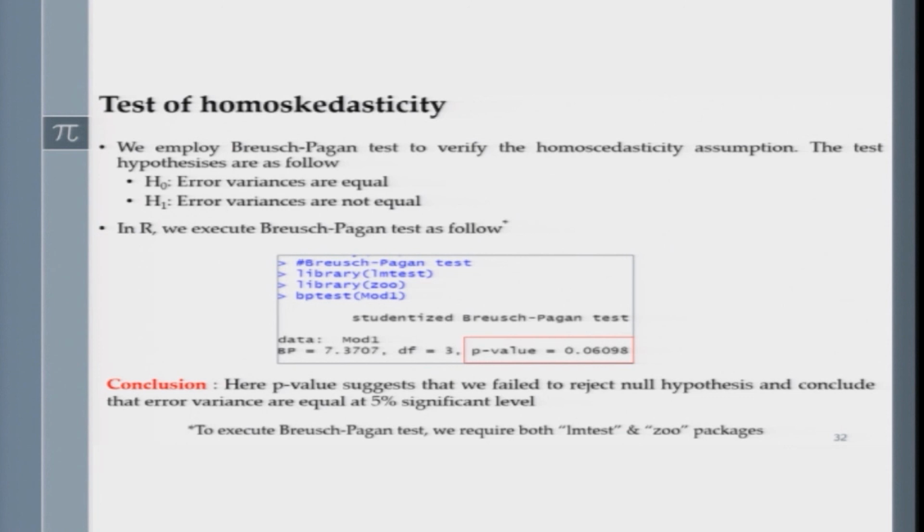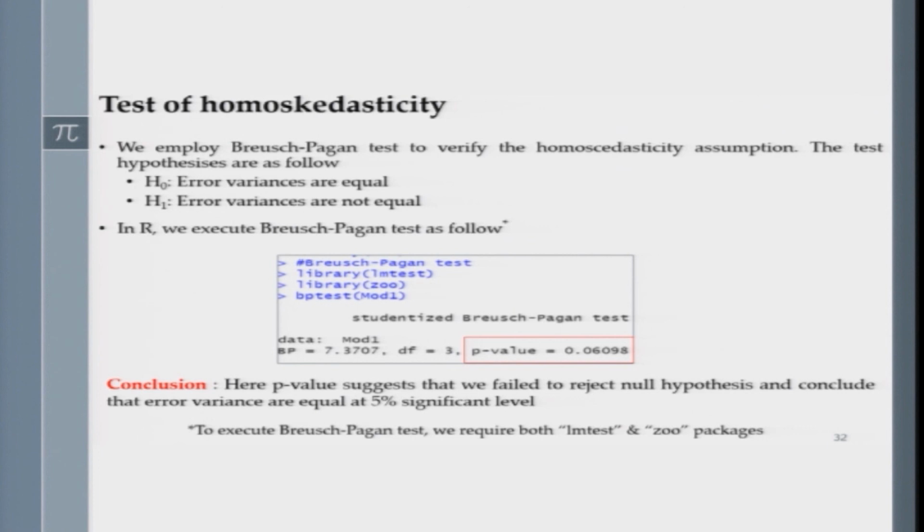Now I am showing you how one can execute the Breusch-Pagan test in the R platform. Note that to execute the Breusch-Pagan test, we require two packages, lmtest and zoo. So, do not forget to install these two packages and check with the library command whether they are properly installed or not. First you call these two packages by the library command, and then you write the command bptest, and this bptest is done on model 1.